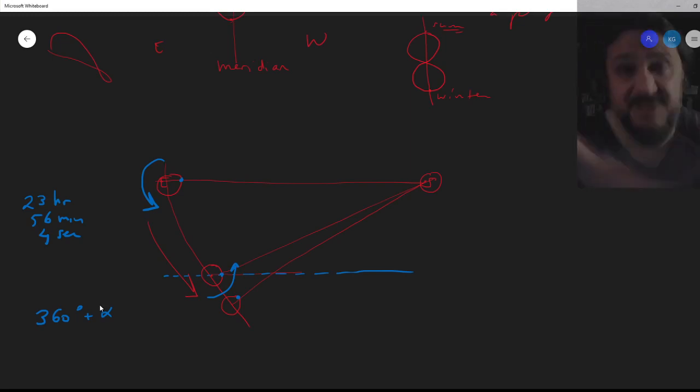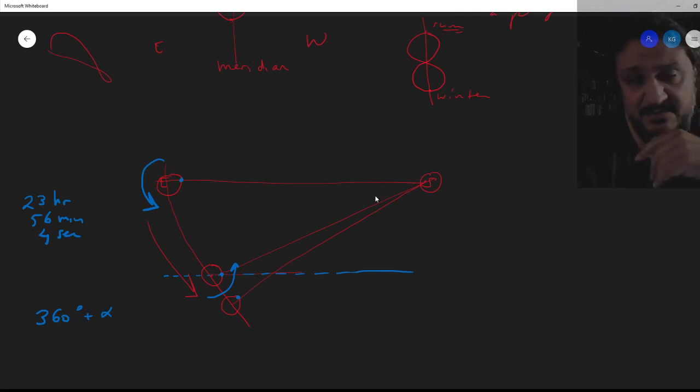Now that angle is actually close to 1 degree, right? But okay, I have to be careful here, not 1 degree. 1 degree is how far the Earth has moved in its orbit, because 1 year is 365 days, and 360 degrees is just 1 circle. So this angle is even smaller than 1 degree, okay?